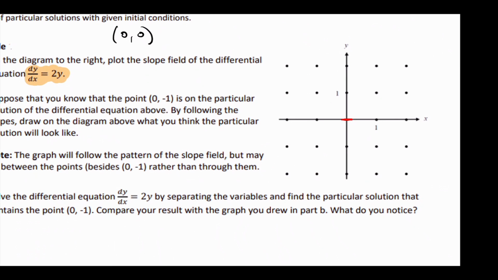And then you plug in another value. Let's go to the right: (1, 0). Plug it into our differential equation. Again, I have nowhere to plug in x, so it's just y. When I plug in 0 for y, I get 0 again.